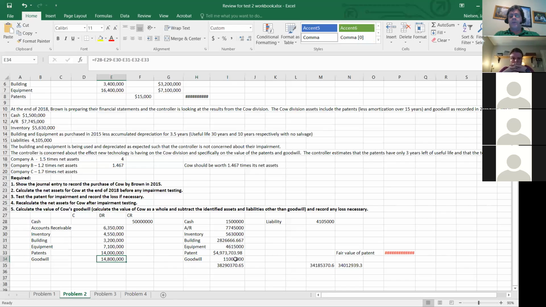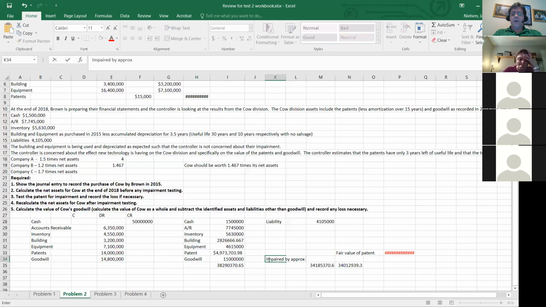So if it's only worth 11, what does that mean? That the goodwill is also impaired by approximately, and all of these are estimated amounts, about 3.8 million.